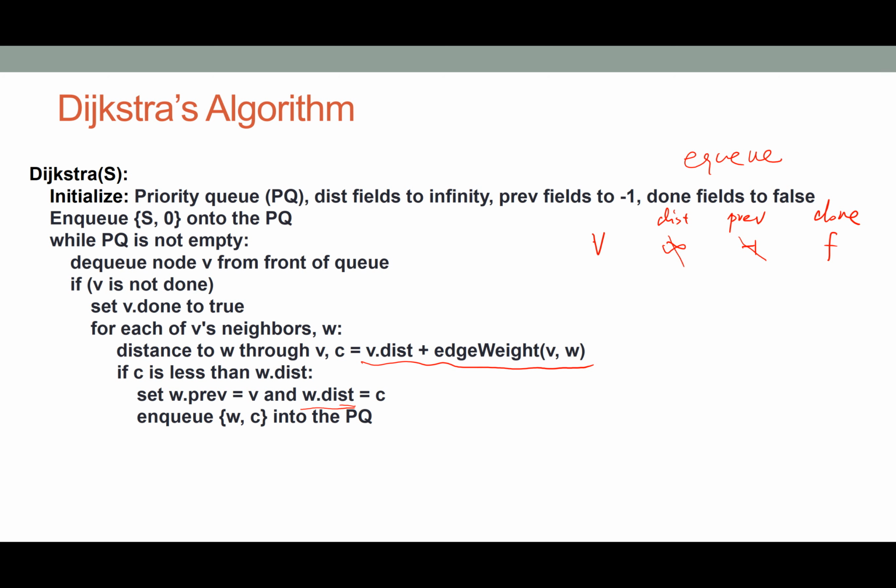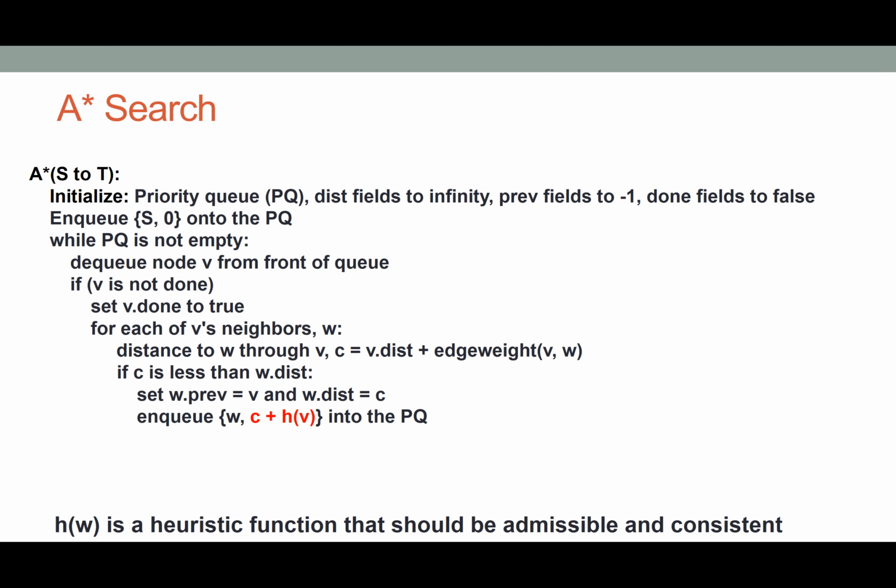So how is this different from A-star? A-star, in fact, is very, very similar to what Dijkstra's does, except now, in addition to updating the distance, we are also updating a heuristic. And we will enqueue not just the distance, but the distance plus the heuristic into the priority queue. So this is the major difference between A-star and Dijkstra's.